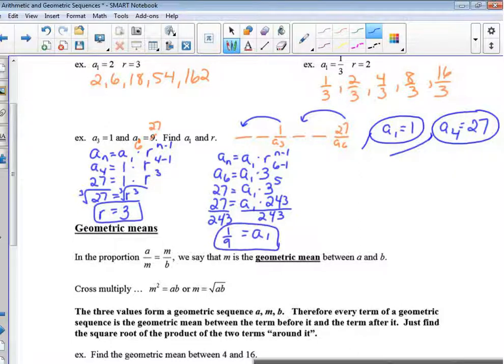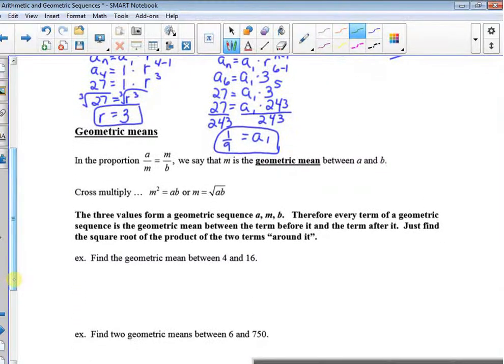So in the original problem, A sub 1 would be 1/9. And then I would have to multiply by 3. So 1/9 times 3 is 3/9, 3/9 times 3 is 9/9, which is 1. And then 1 times 3 is 3, 3 times 3 is 9, and 9 times 3 is 27. So it all works out.